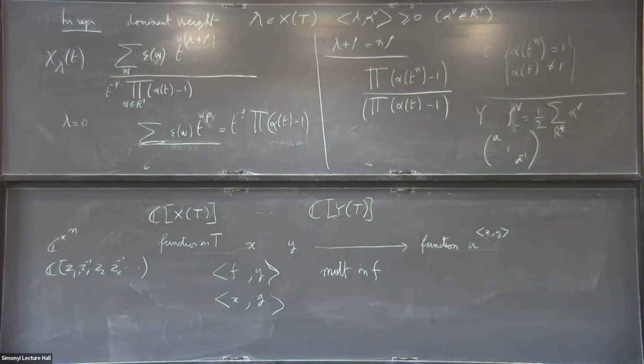So that is the factorization of the character restricted to the subgroup rho hat.